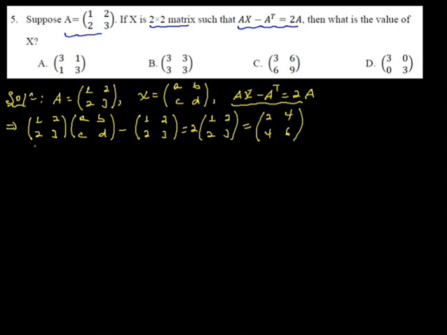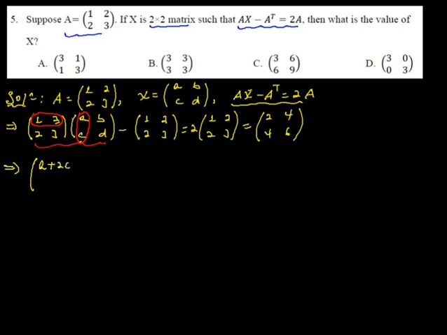Here we will apply the product of matrices. When we find the product, we multiply a row by a column. So multiplying, 1 times a is a, plus 2 times c is 2c.